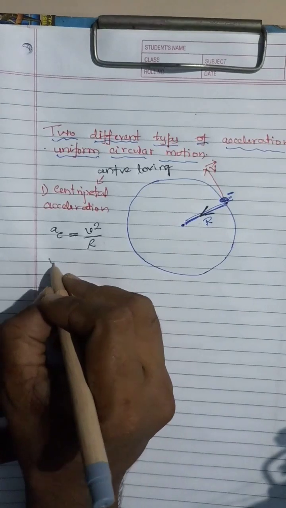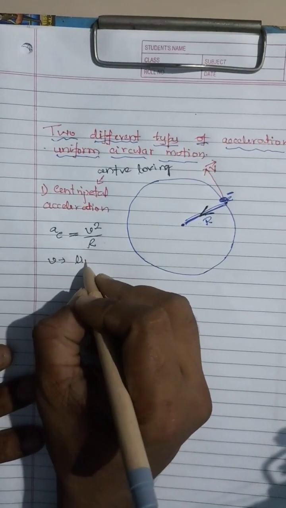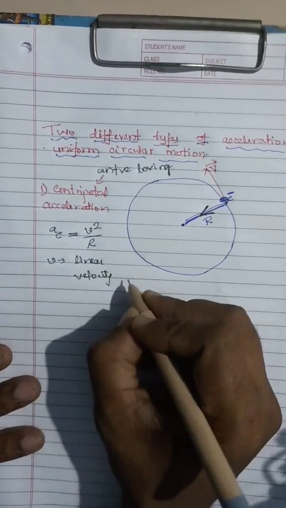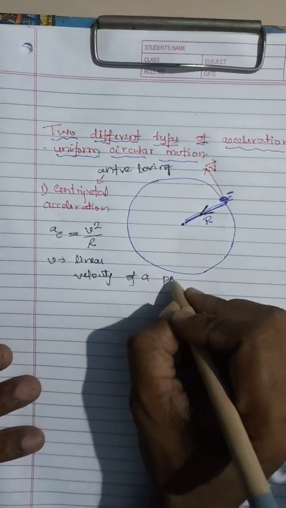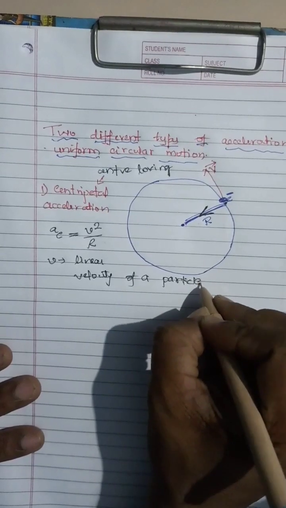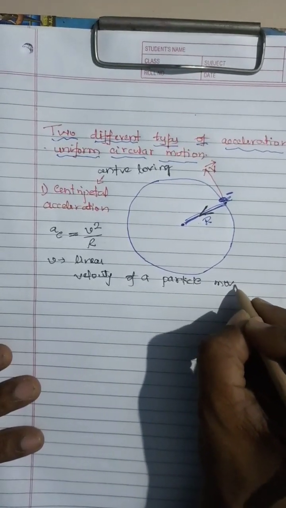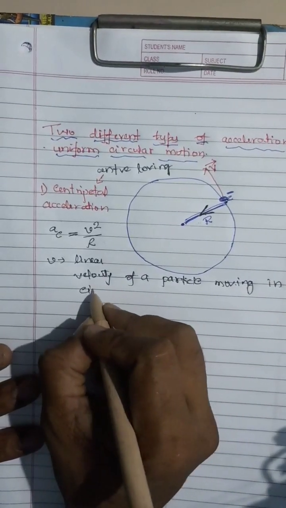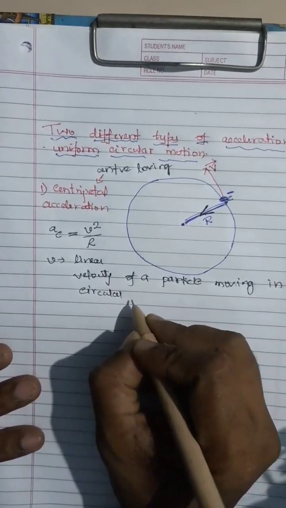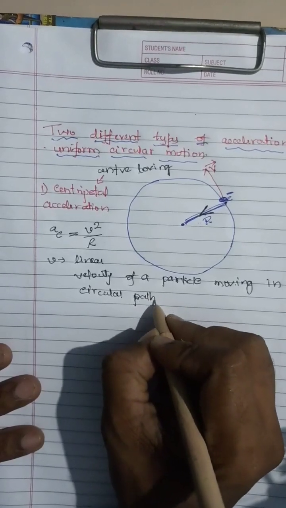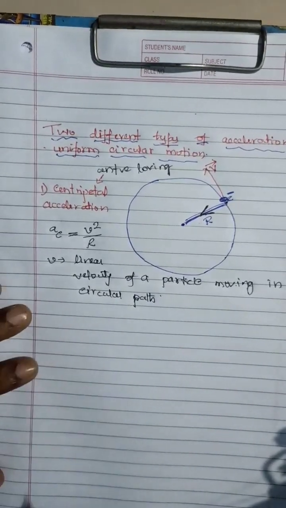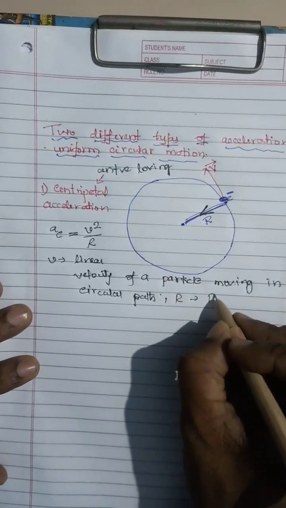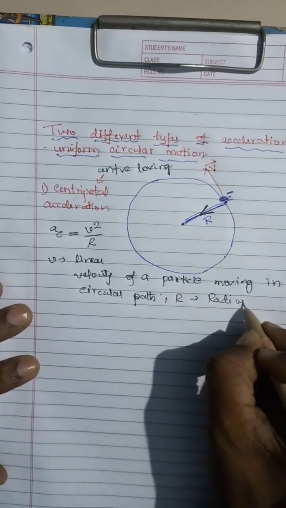What is v? v is the linear velocity of a particle moving in a circular path. r is the radius of the circular path.